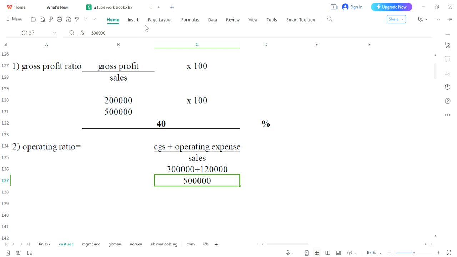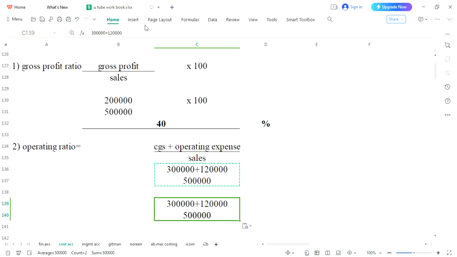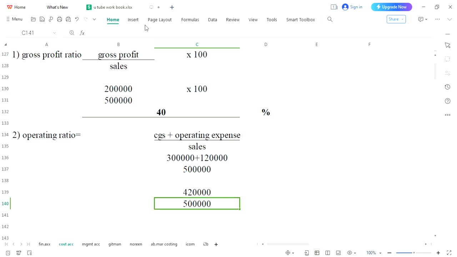For that, let's remove the divisor first. We are copying it for our calculations. Look, here we have calculated CGS plus operating expenses, putting a divisor so that it can be understood. So guys, operating ratio, how do we calculate?